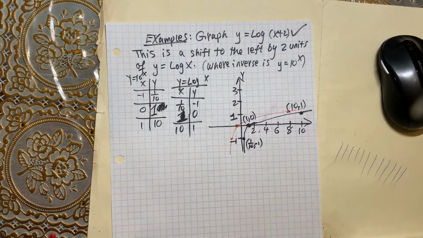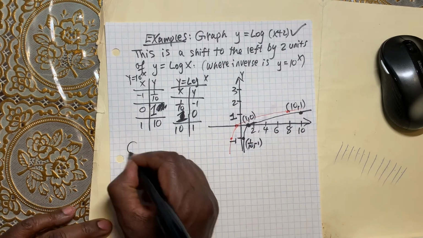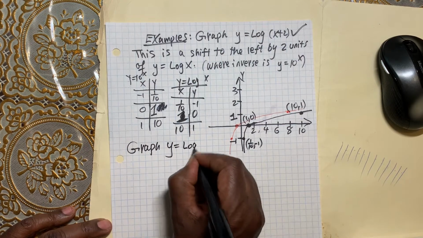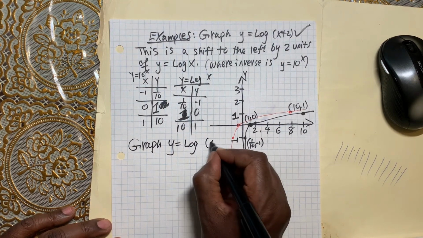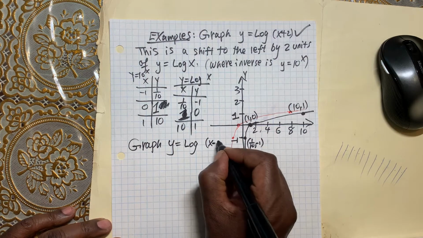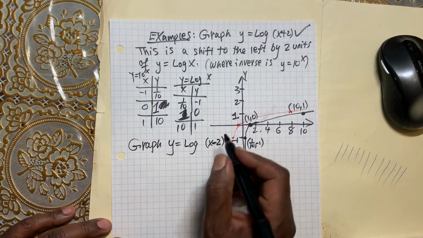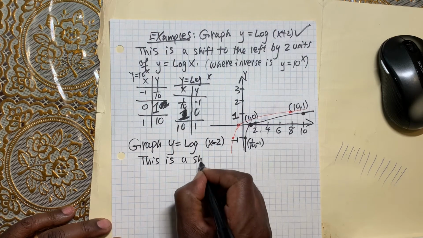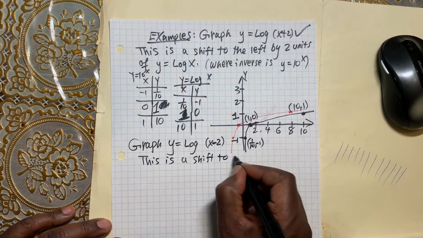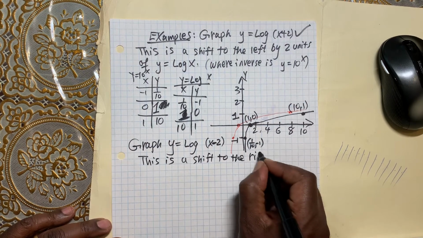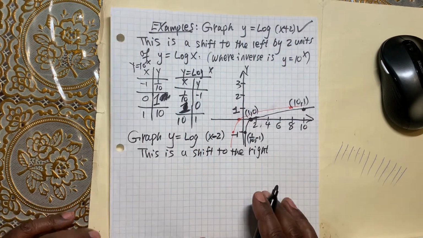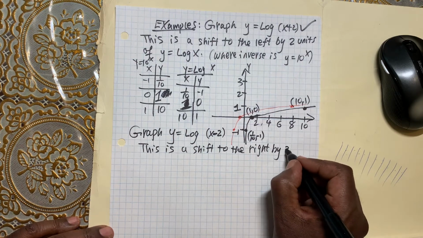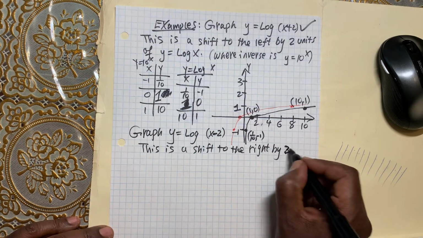Likewise, if I want to graph y equals log x minus 2, this is a shift to the right by 2 units, because it's x minus 2.